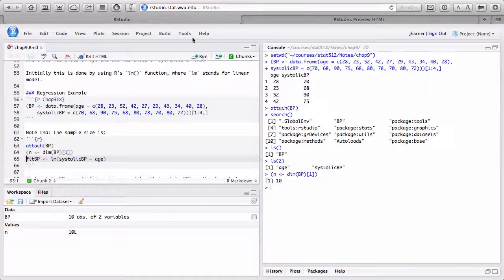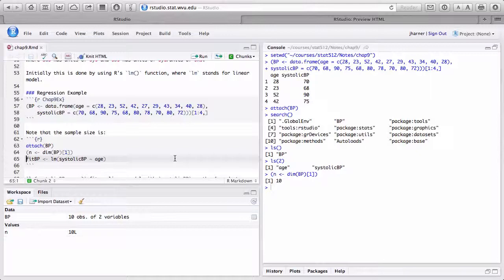And so the next thing I do is a little more complicated. I call a function called lm. lm stands for linear model. I say systolic BP tilde age. So what's happening here? The Y variable is the systolic blood pressure, and I'm trying to predict it by age. Think about the tilde as meaning "is modeled as."